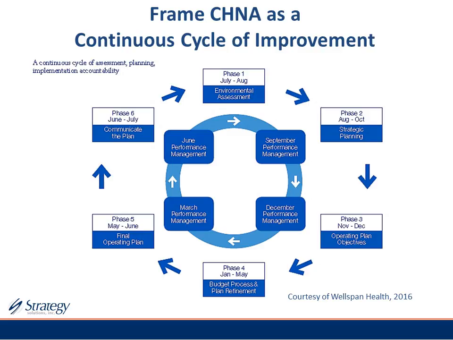So Debbie alluded to this earlier. I think it's good that you think about this as a continuous loop. This is a schematic that was provided by one of our cooperators, if you will, someone we're collaborating with, WellSpan Health out in York, Pennsylvania. But they've brought this in and made it a continuous annual cycle, both for strategic planning and then also for budgetary planning and then for execution.